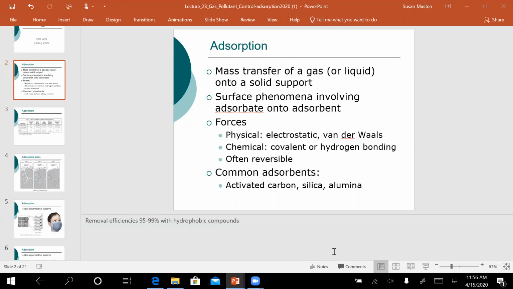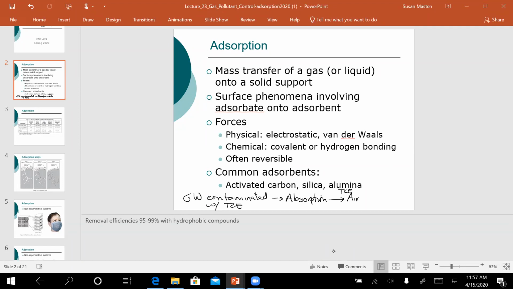So for instance, going back and looking at the previous example where we had a groundwater contaminated with trichloroethylene, we could use an absorption process to transfer the TCE to the air. So now we have TCE in the air.